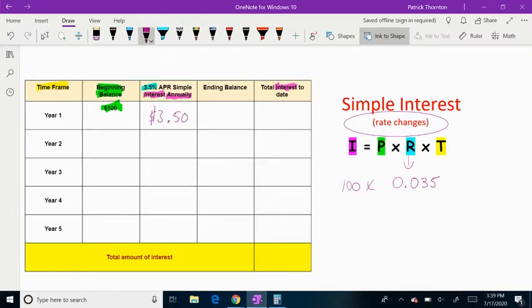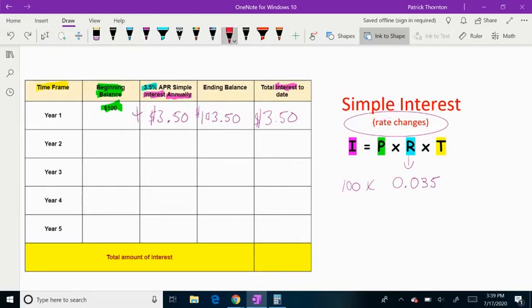So if I add these two together now, I have $103.50. How much interest have I accrued so far to date? Well, I have $3.50 that I've earned. Remember, with simple interest, the key word here is original.